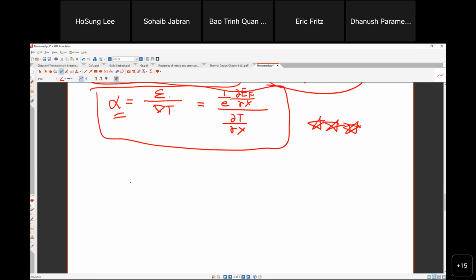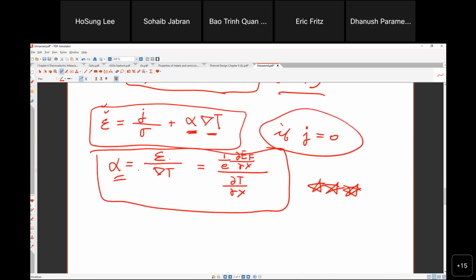Now, again, when we look at it, what is a current? What is current is electric field and electrical conductivity.